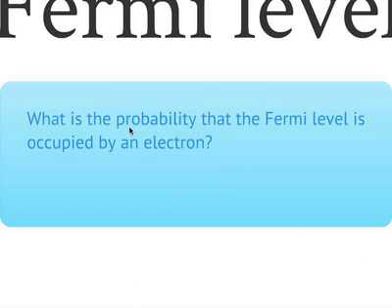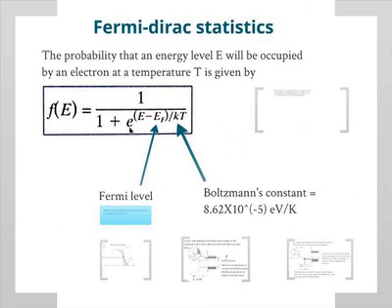Okay, so let's do a very quick example. What is the probability, and I want you to discuss with your neighbors, that the Fermi level is occupied by an electron? Okay? I'll go back to the equation. Now discuss. Set E equals EF, basically. Take 10 seconds. It's very easy.